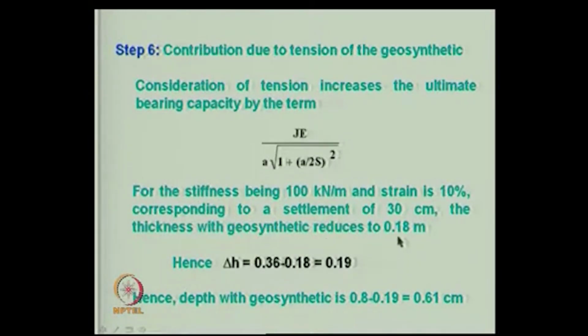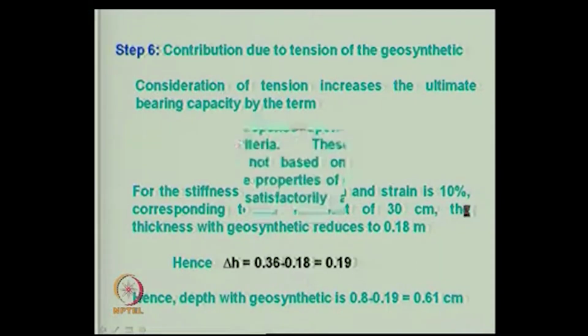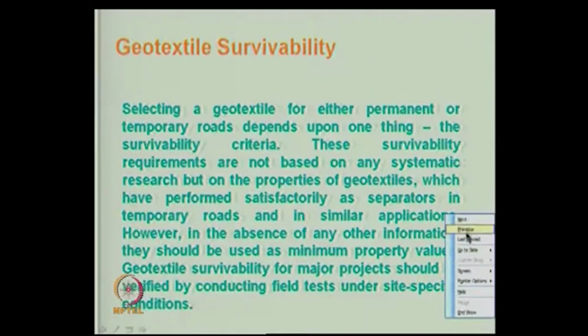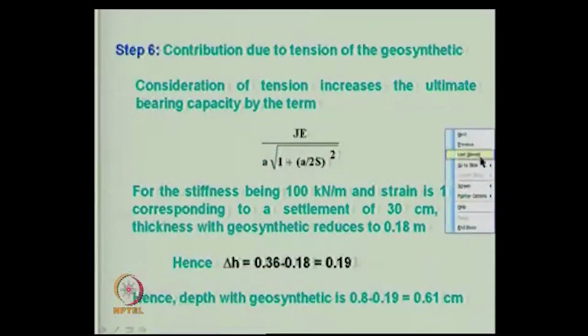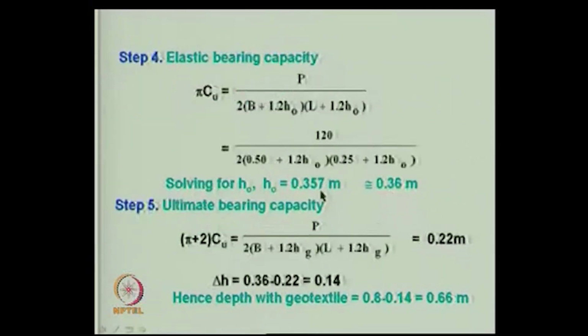It reduces to a little extra. Instead of 0.3, what we had done previously was 0.36 minus 0.22, right. You can just see in the previous step, 0.36 minus 0.22 is what we did, and that leads to a reduction of the final thickness to 0.66, and this 0.14 is a reduction because we did it like this.